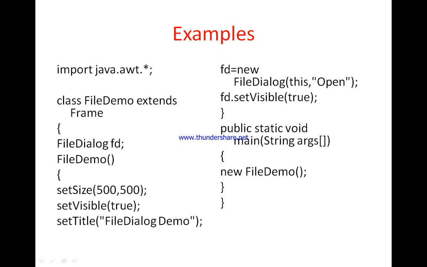And "Open" is the title bar text; this name will appear in the title bar. We call the setVisible true method so that the file dialog will be visible. Inside the main method we are creating the object, new FileDemo with opening and closing round brackets. Here the FileDemo object is created.